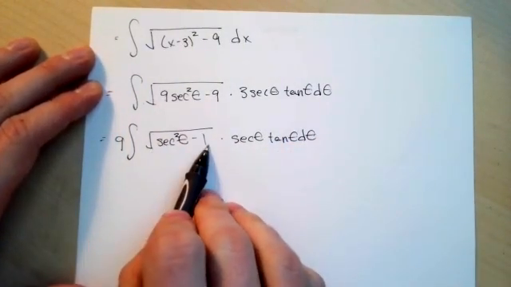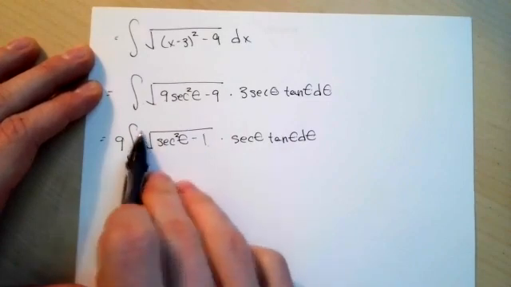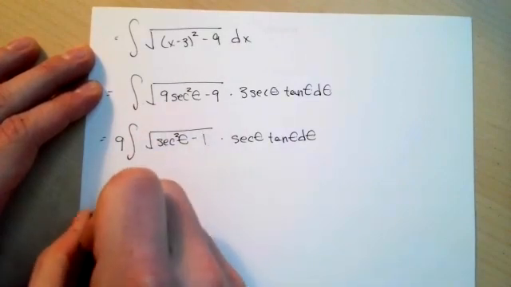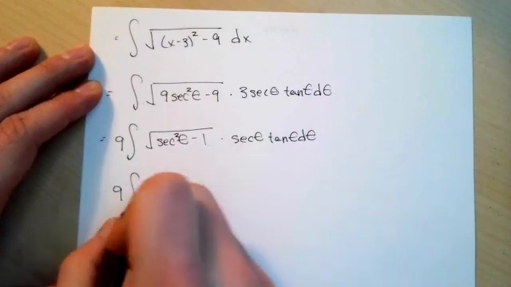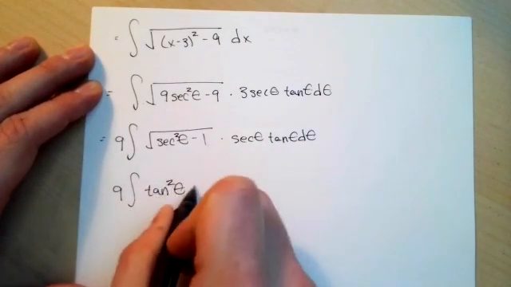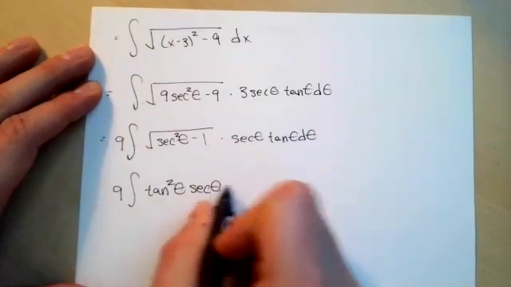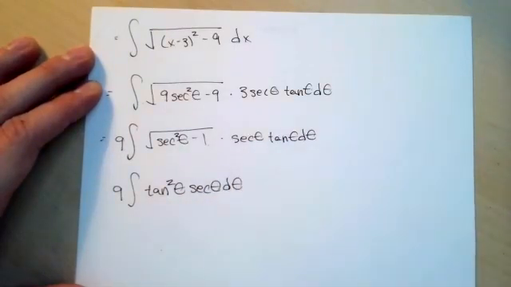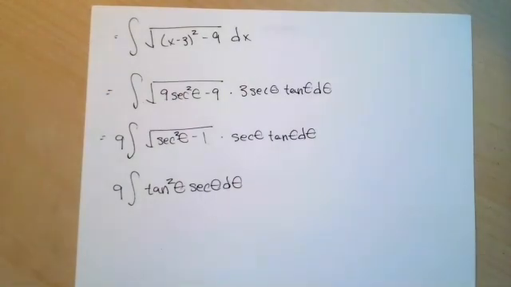That's going to be tangent squared under a square root, which gives me another factor of tangent. Tan squared theta, secant theta.